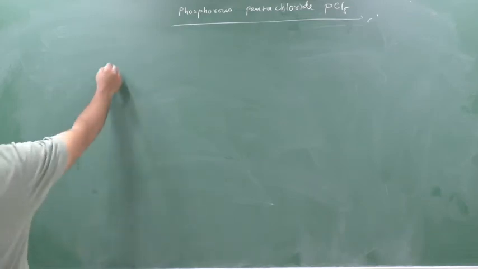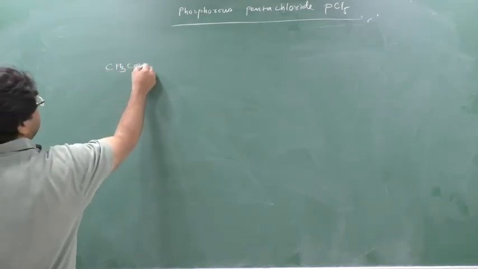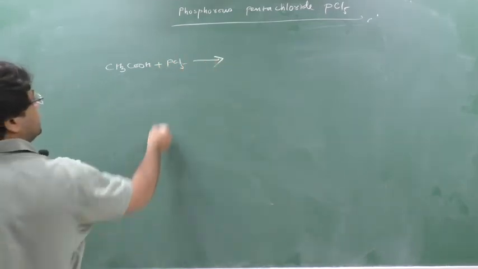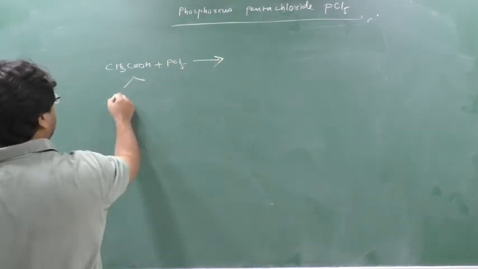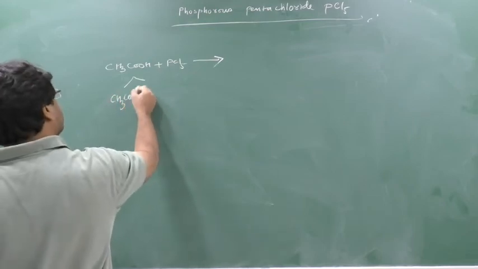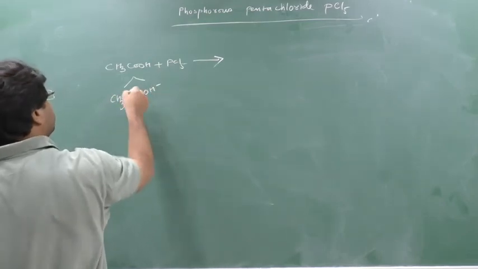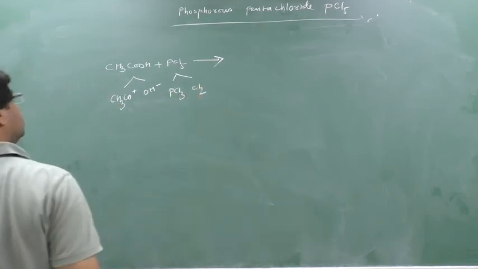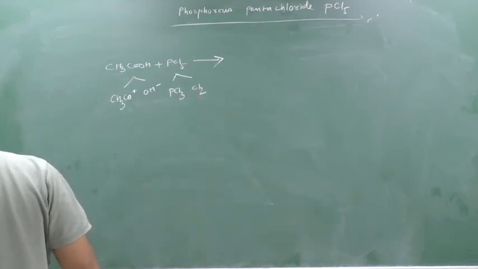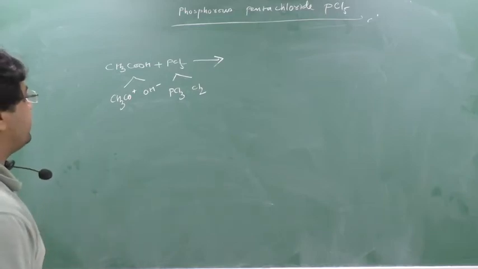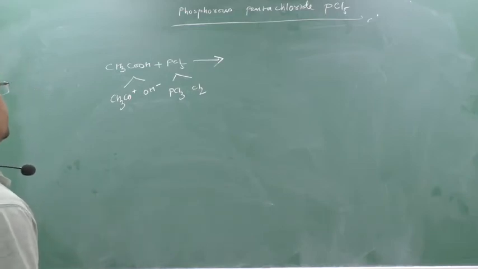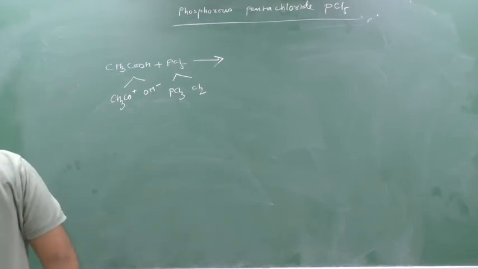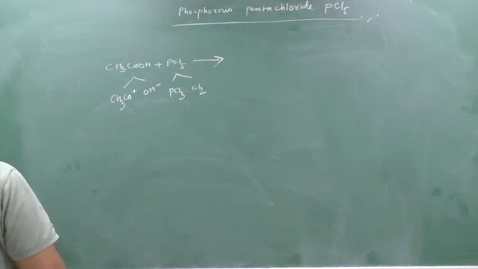So write down here CH3COOH plus PCl5. See here, I cannot crack it directly. So first what I will do? CH3CO and OH, here minus and here plus. I will crack PCl5 into PCl3 and Cl2, because you know PCl5 forms PCl3 and Cl2. Clear? Now further I will go. How I will go? See here.